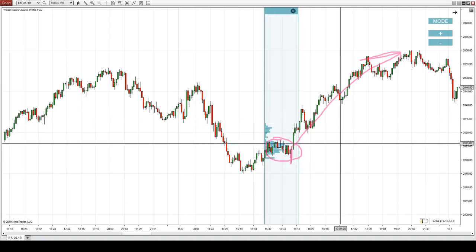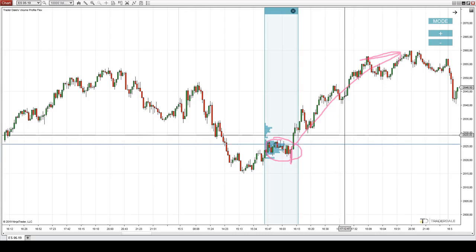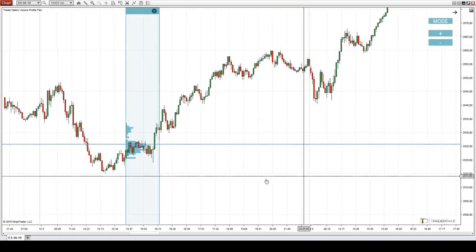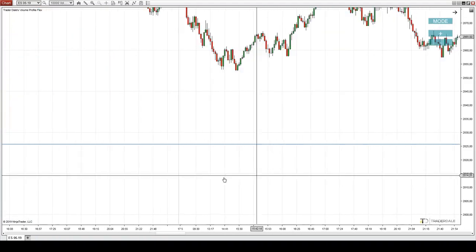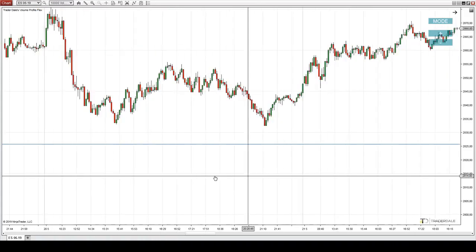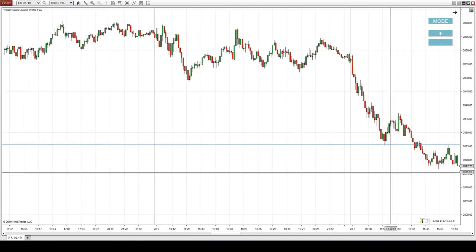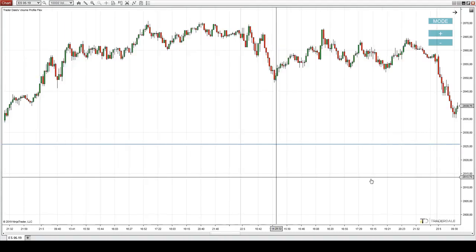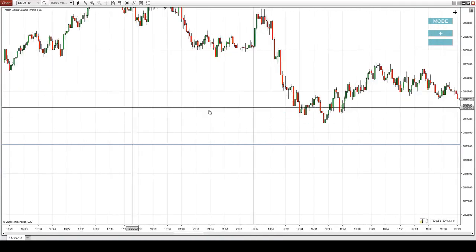Volumes were the heaviest in here. And this is the reaction. It doesn't matter if the price hits the level after a few days. Markets have good memory, especially of strong levels.